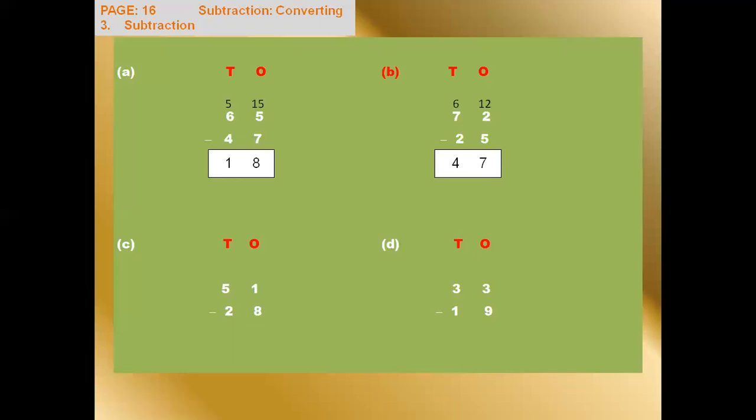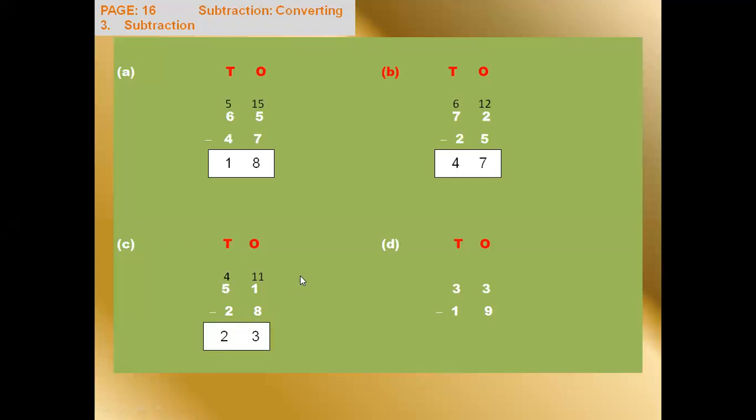C part. Question: 51 minus 28. First of all, check the ones. 1 minus 8. It is not possible, because 1 is smaller than 8, so I will take 1 from the tens, meaning I will borrow. So 1 becomes 11 and 5 becomes 4.